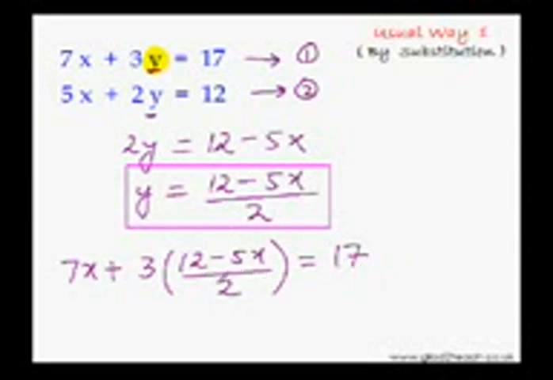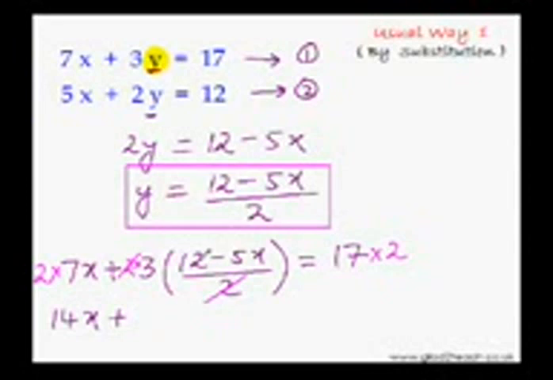Now as you can see, it has this denominator 2, so we must get rid of it. How? By multiplying both sides of the equation by 2. See, now this 2 cancels out. Now simplify it. This is 14x, and we can open the bracket.